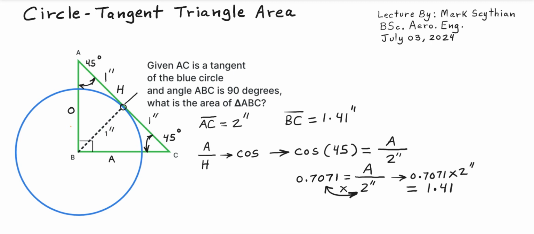So the adjacent and opposite legs would either be A or B or B or A. So we'll just assign the opposite side as the side A and the adjacent side as the side B, and then the hypotenuse is always and only C. So if we apply the Pythagorean theorem, we have A squared plus B squared is equal to C squared.